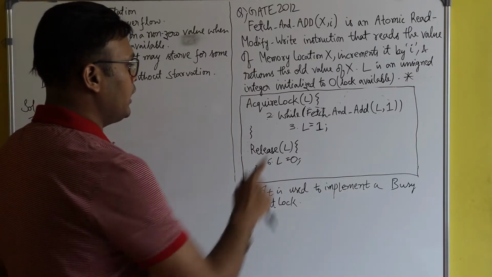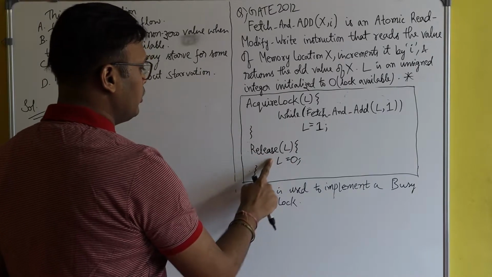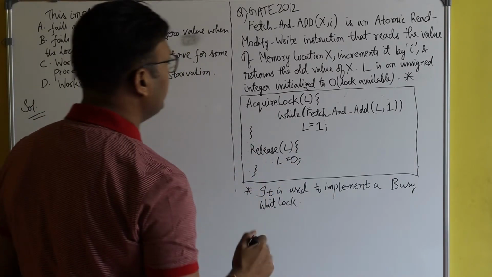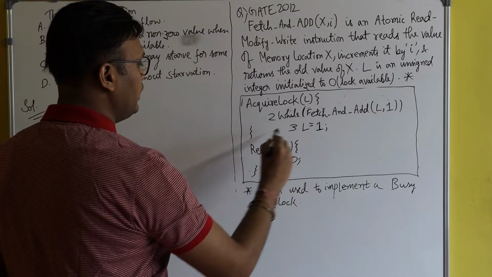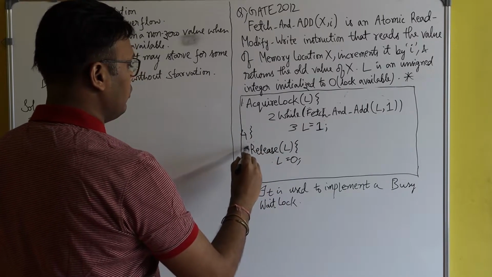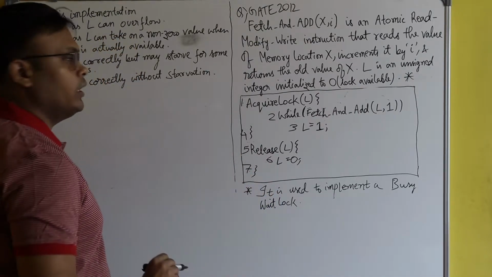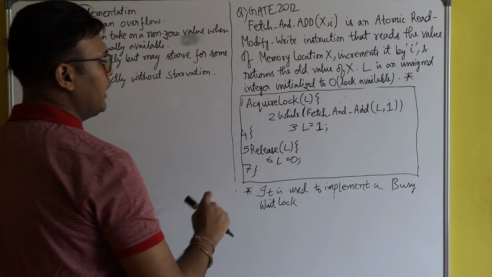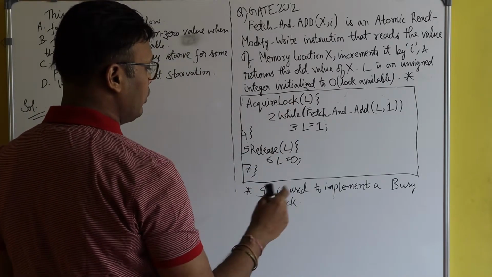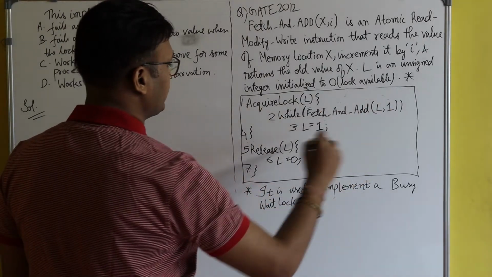Here you see the code written. It's better to give line numbers: this is line number 1, 2, 3, 4, 5, 6, 7. So what's the code? It's an acquire lock. From line number 1 to 4, it's the entry section.